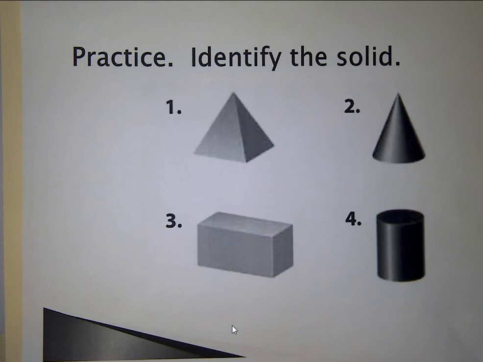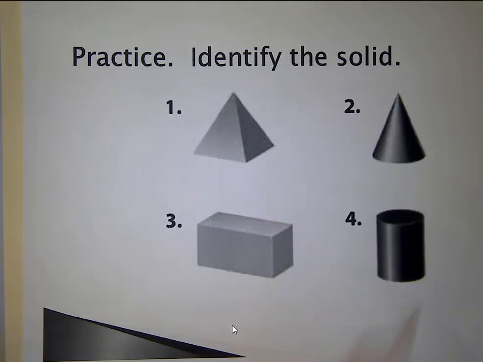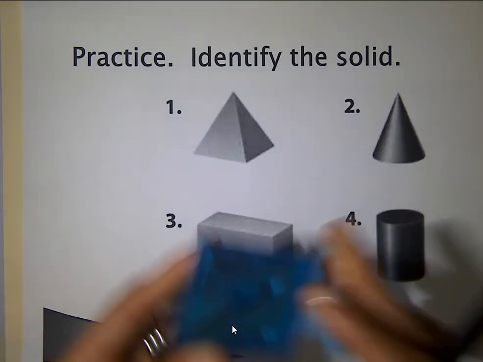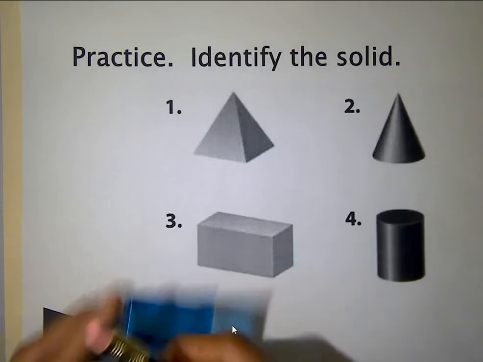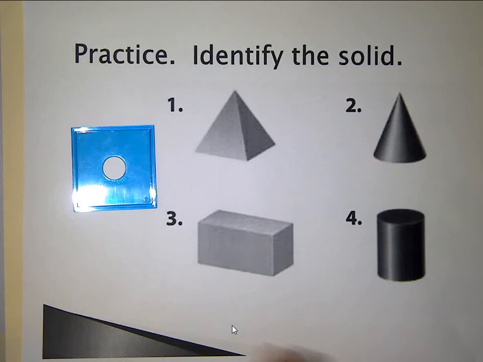Okay, let's look at the first one. The first one is a square on the bottom, like this one. So it has a square face on the bottom of it.